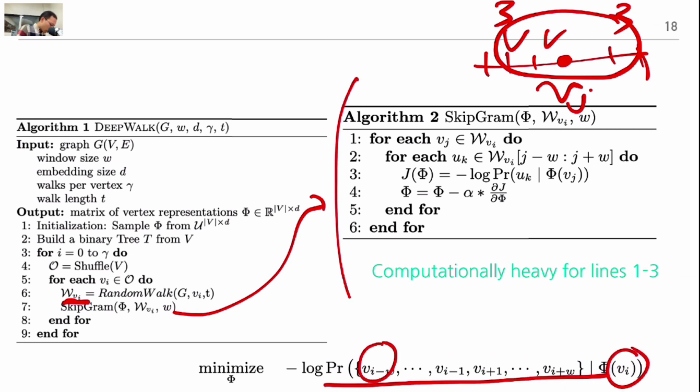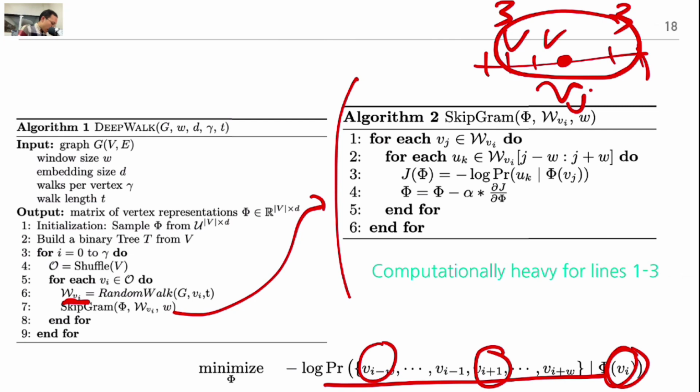I and J, one of the context nodes, and I and I plus 1, for example. So we choose I and K, and K is from the context random walk, and we try to minimize this, and we can update the actual feature matrix. So this is the trainable matrix. So this is the procedure.